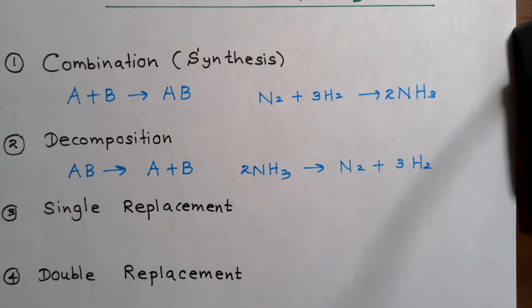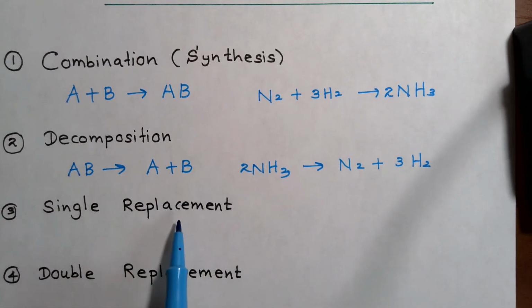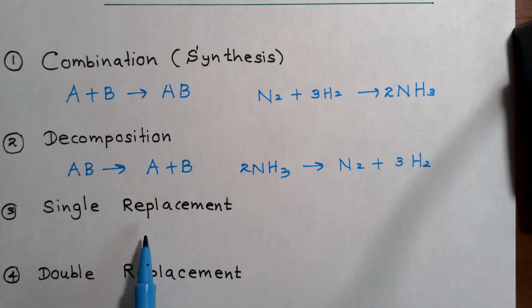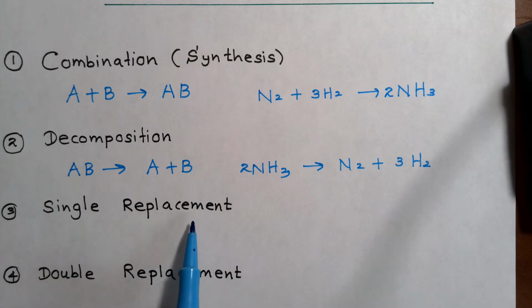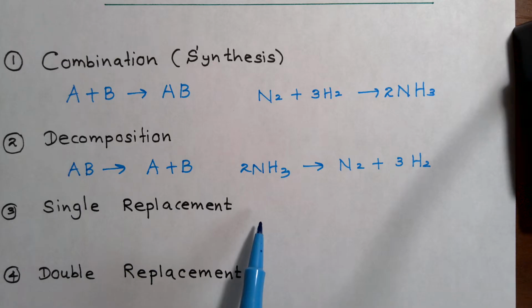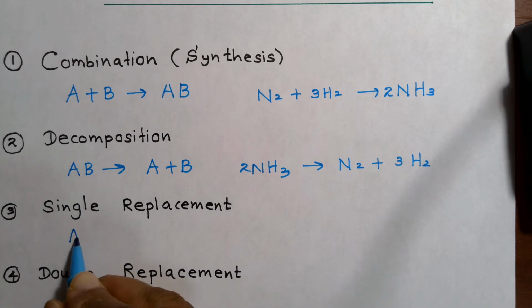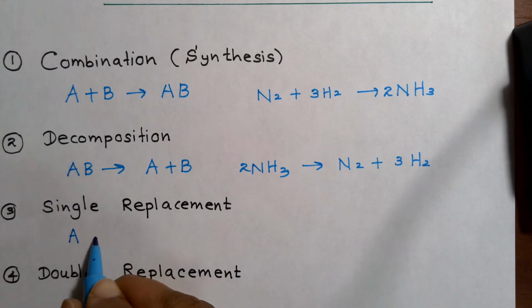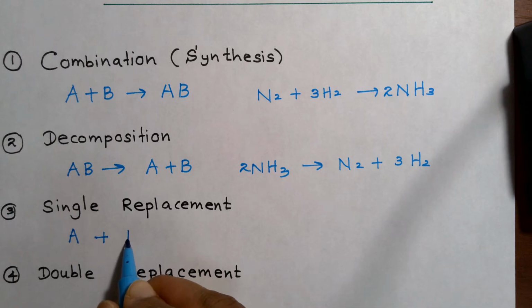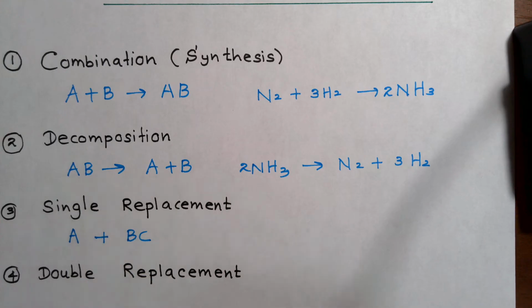Combination and decomposition. Combination is making, decomposition is breaking. Right. Next one is single replacement reactions. Single replacement reaction means a metal, when reacting with a compound, makes another new metal and a new compound. For example, A is an element or metal that reacts with a BC compound.